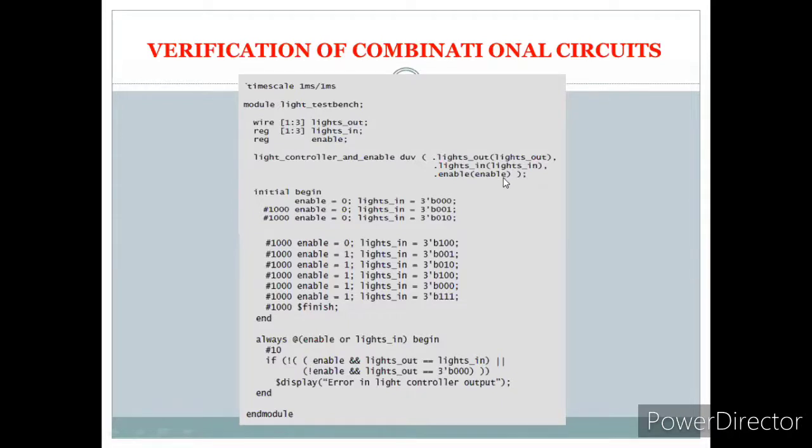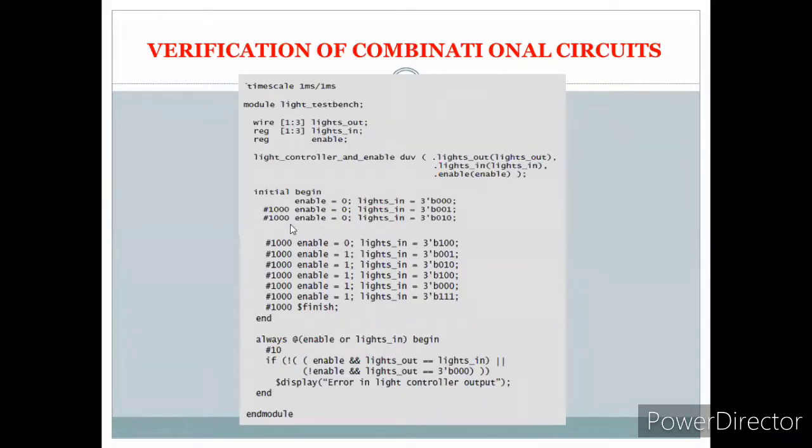So what are the conditions? If you observe, we have 3 or 4 conditions here where enable is 0. When enable is 0, whatever may be the input, the output is 0. Here the inputs are 0, 1, 2, and 4. And what is this hash 1000? It is a delay, a nanoseconds delay, or milliseconds.